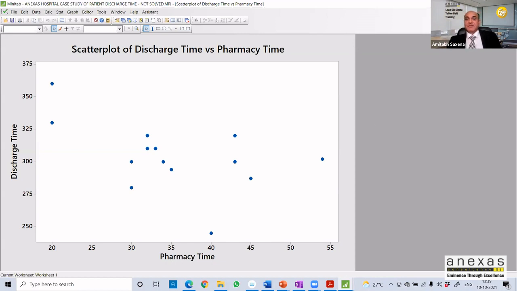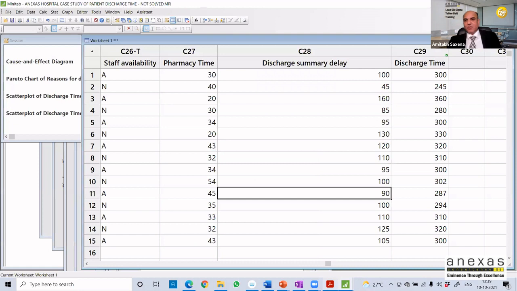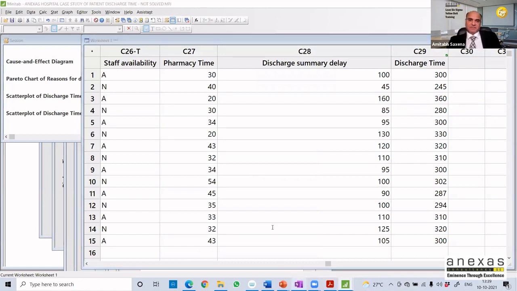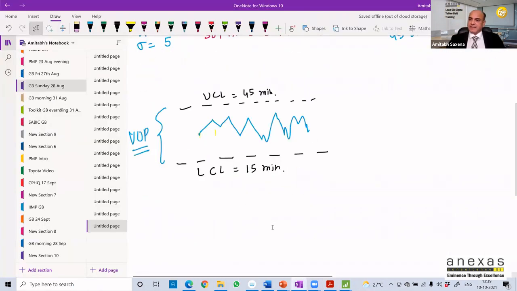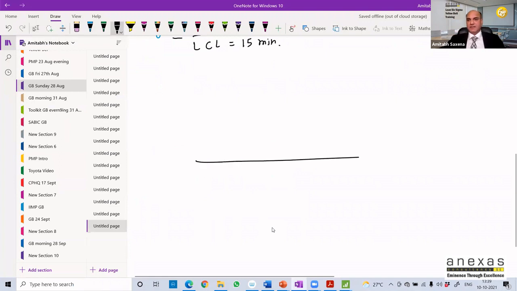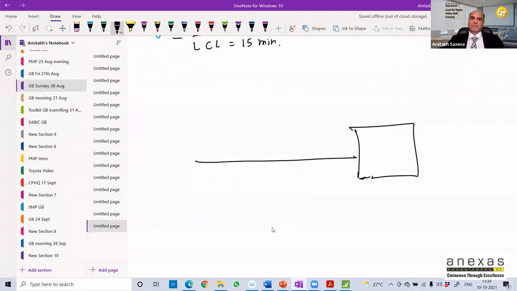Yes, that's so. Just now, what I saw was that I made a cause and effect diagram. Discharge time, which is continuous data.